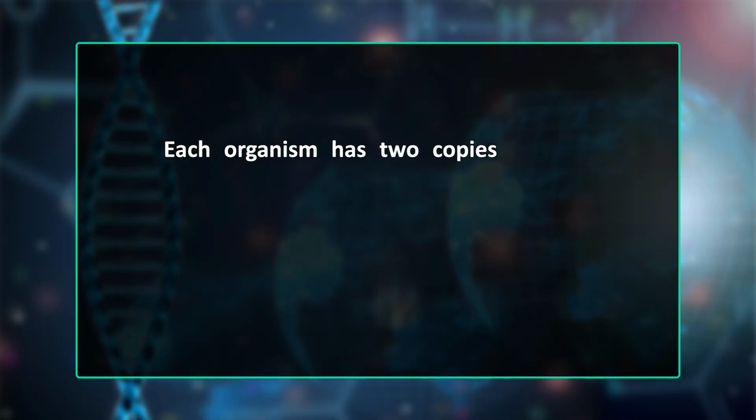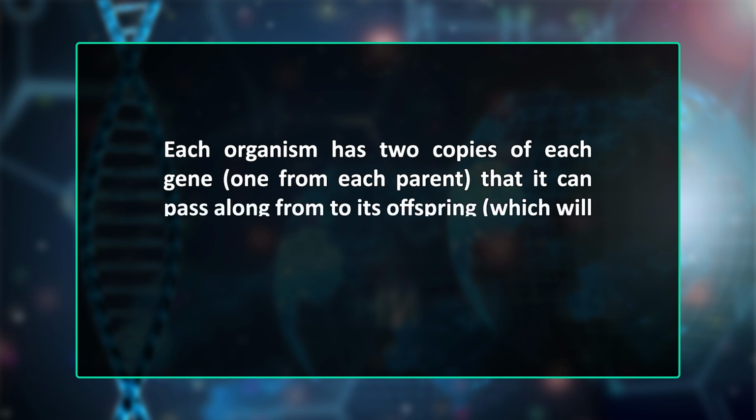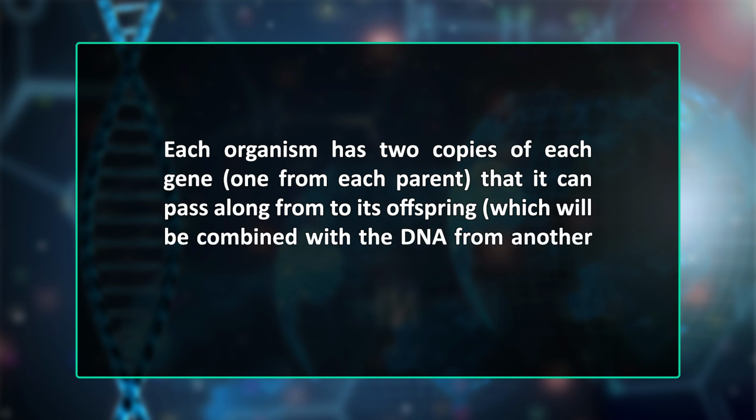Every organism that is a result of sexual reproduction has two copies of every gene. So each organism has two copies of each gene, one from the mother and one from the father, that it can pass along to its offspring, which will be combined with the DNA from another organism when they reproduce.